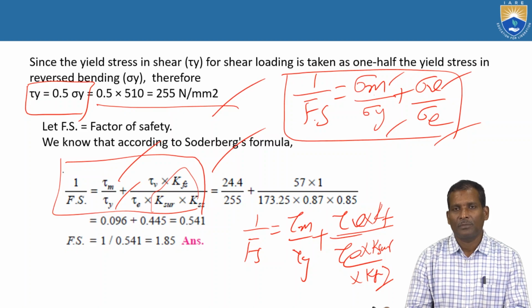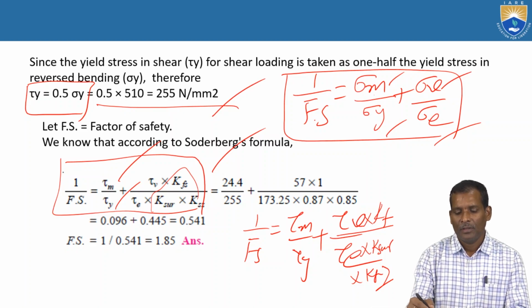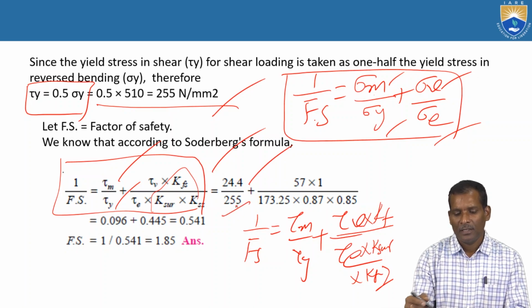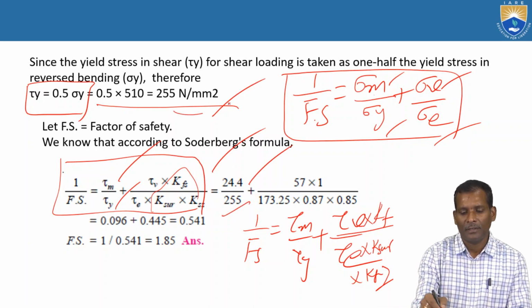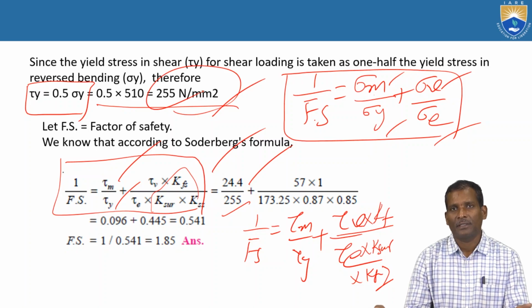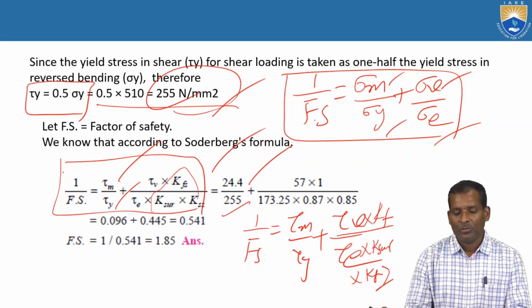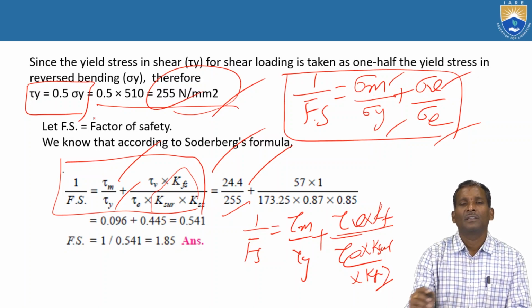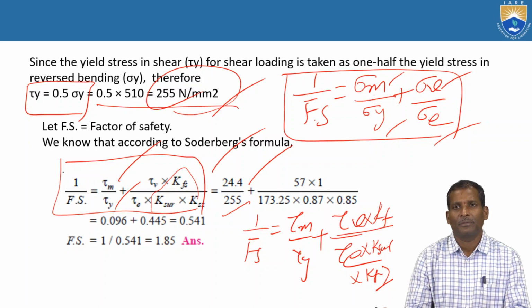The mean shear stress calculated is 24.4, and the yield stress in shear calculated in the previous step is 255. First we calculated the yield stress and then applied the relation between shear yield and sigma y, 0.5.